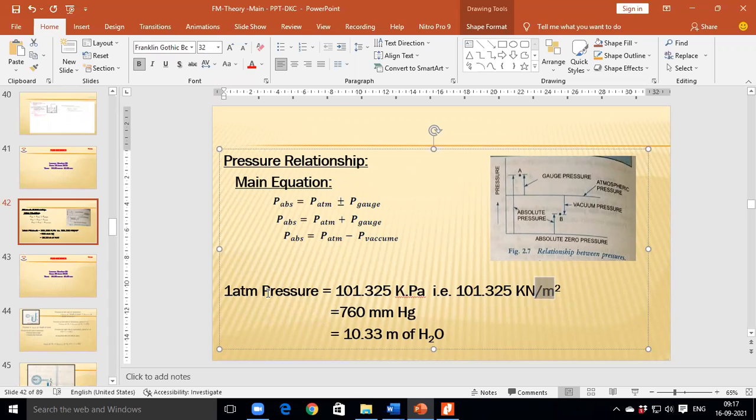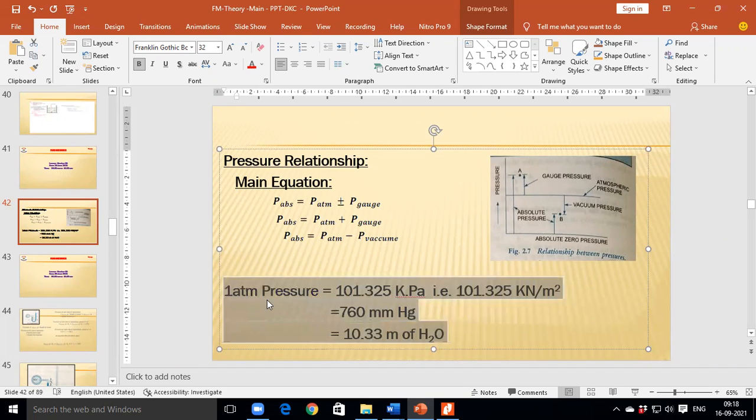Another conversion for 1 atmospheric pressure is 760 mm of Hg, 760 mm of mercury. In terms of water column, that is 10.33 meter of water. There are 3 types of conversion for 1 atmospheric pressure.